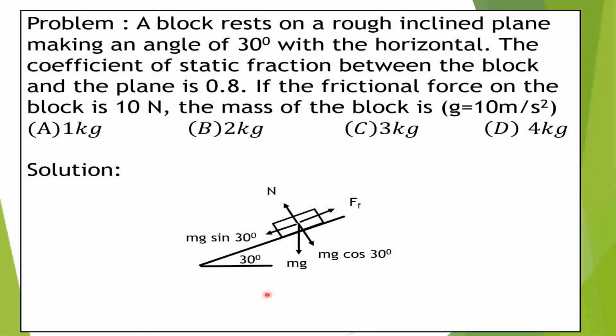Now here one thing we need to understand is the block is at rest, so this block is not moving. If you look at the two components, one is the force due to friction and the other is the component of the force due to gravity. Since this is at rest, let's look at the next slide.